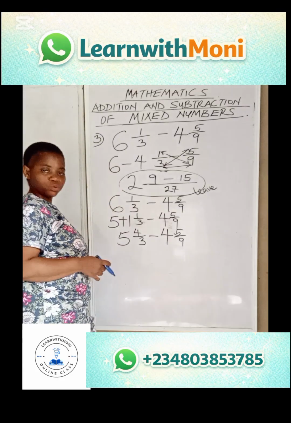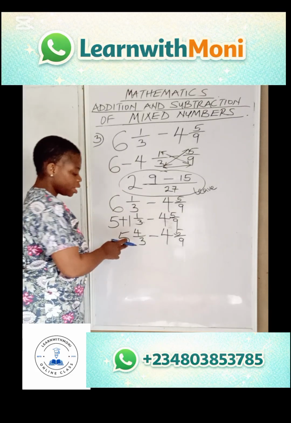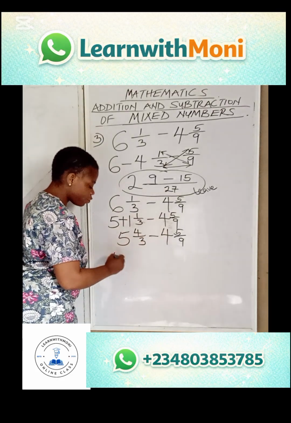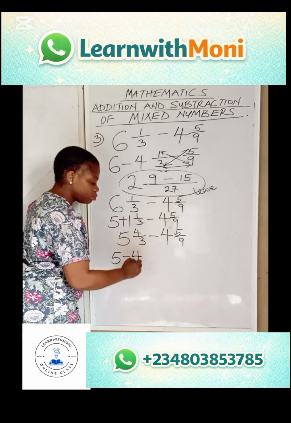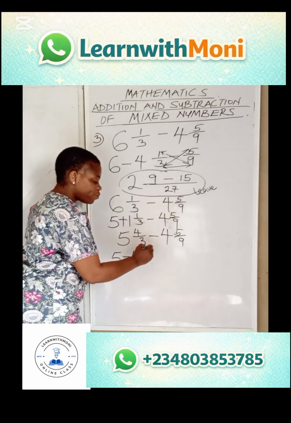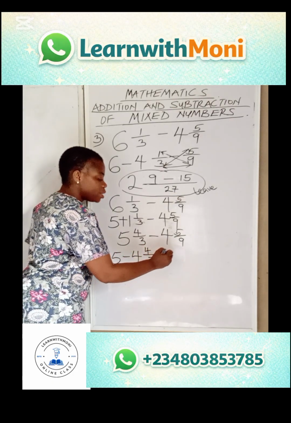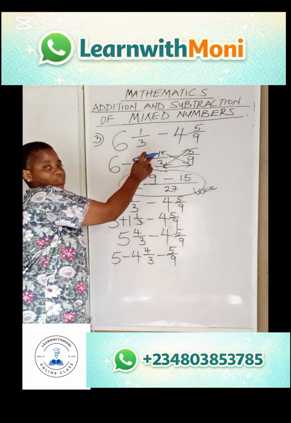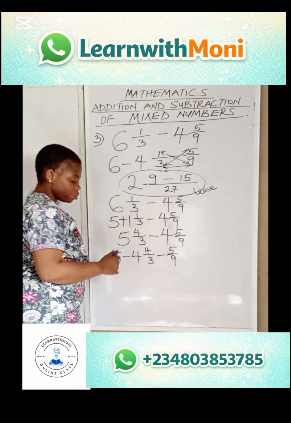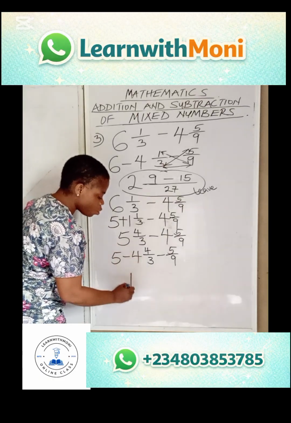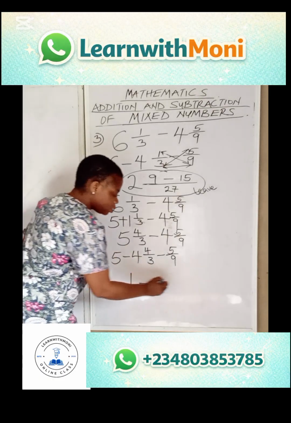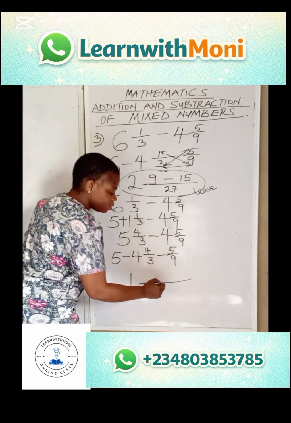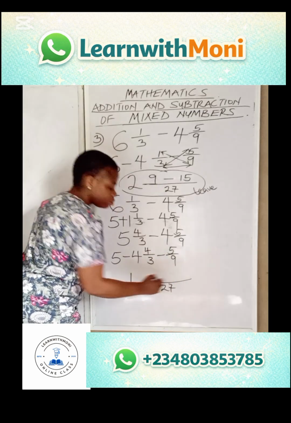Now we want to do the subtraction. 5 minus 4 for the whole numbers, and the fraction 4 over 3 minus 5 over 9. I will still use the method I use here. Let's go. 5 minus 4 is 1. The 3 times 9 is 27.